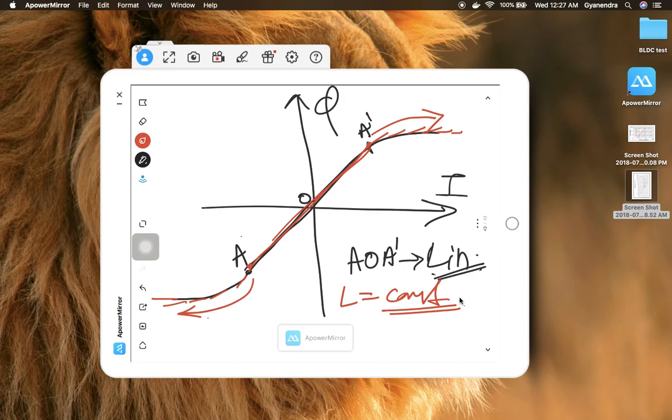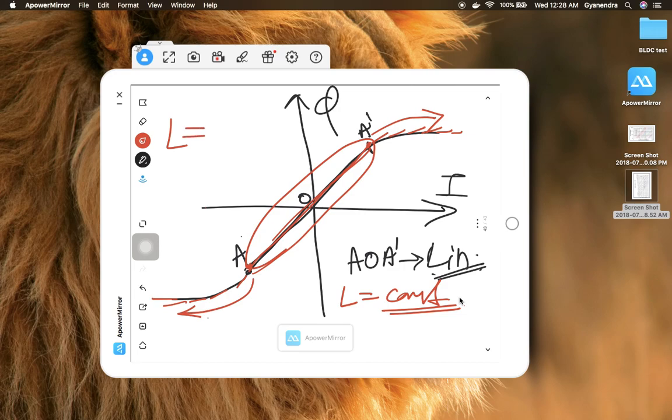It will lose completely its property of opposing the change in current in the inductor. Hence, when we design an inductor, it is very important to operate in the linear region so that our core will not go into saturation and our inductor will not lose its property. So from now onward we will focus on this linear region, where we assume that the phi-I characteristic is linear, and hence the inductance is constant.